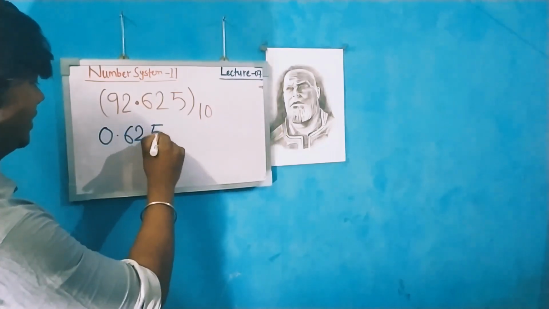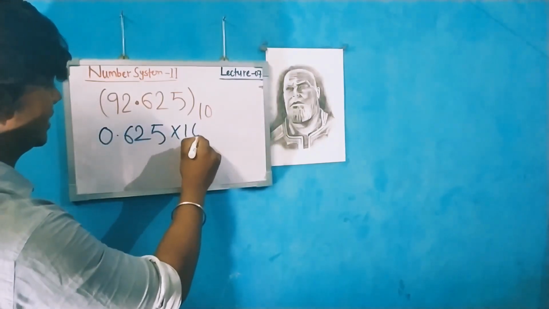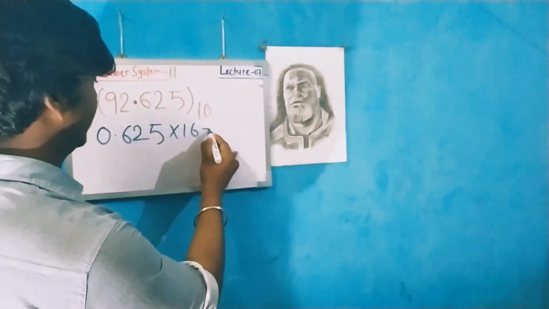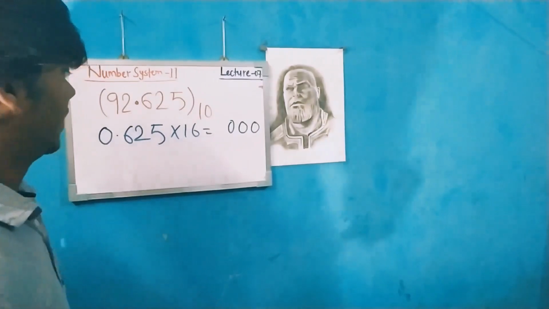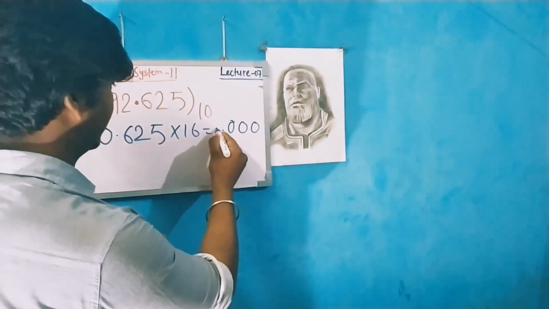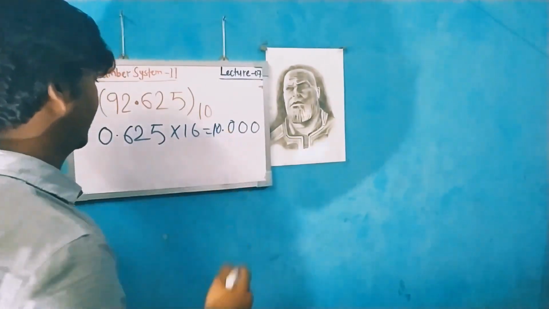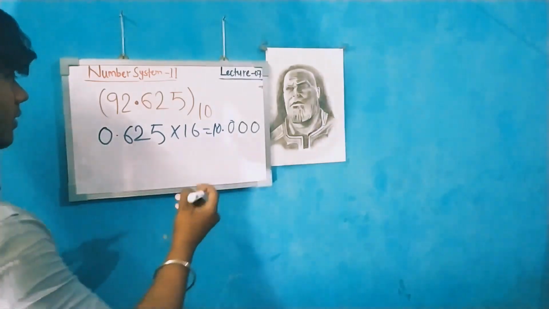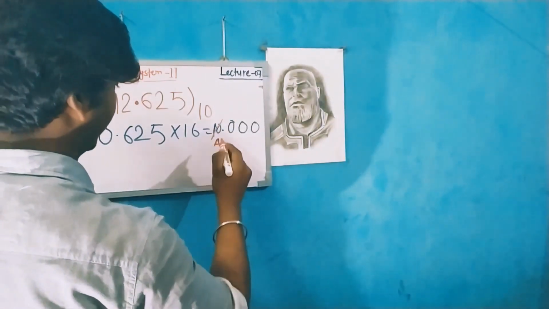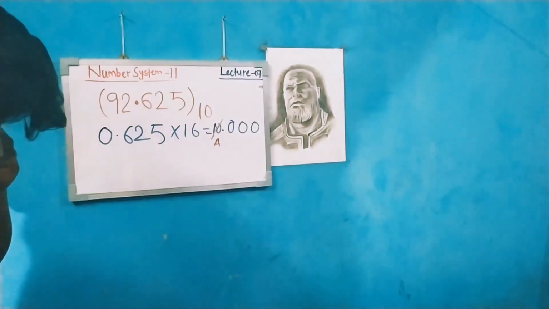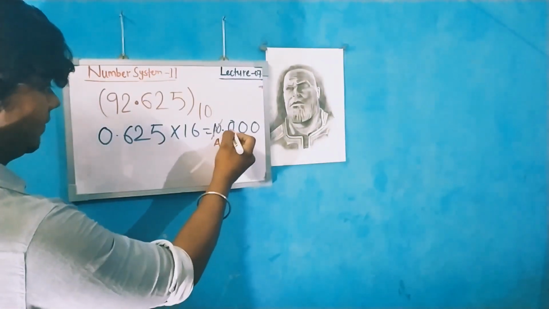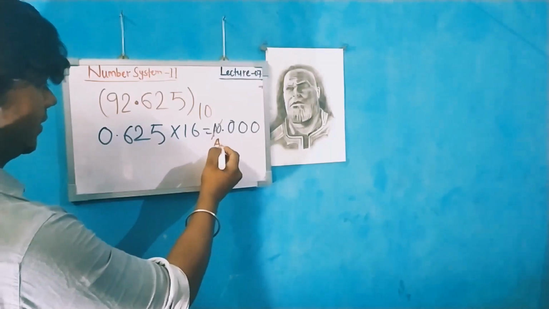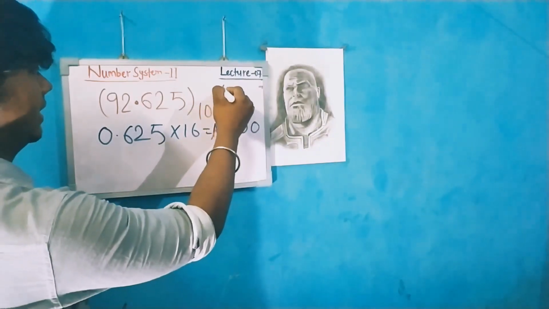We multiply the fractional part by 16. It gives you 10, and we write A here. Again we consider only the remaining part because we write the carry here.